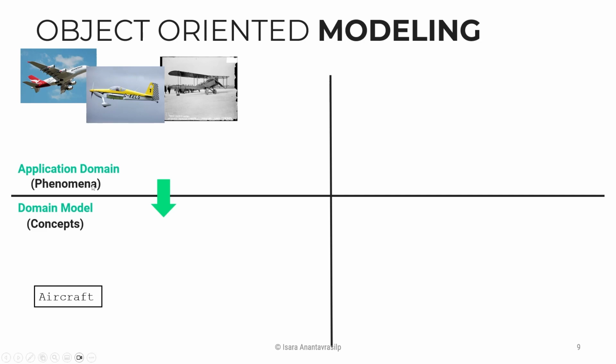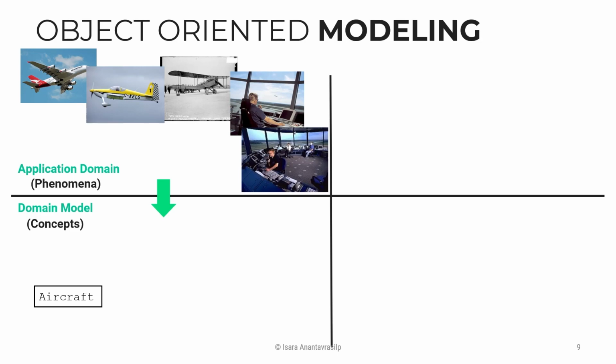But this aircraft class is intended to explain all kinds of aircraft that are going to use the airport. Okay. Now here, the phenomena are the aircraft. The concept, the model, is your class, okay, that explains all these phenomena. Now, not just the aircraft, of course, in an airport, you also have air traffic control.